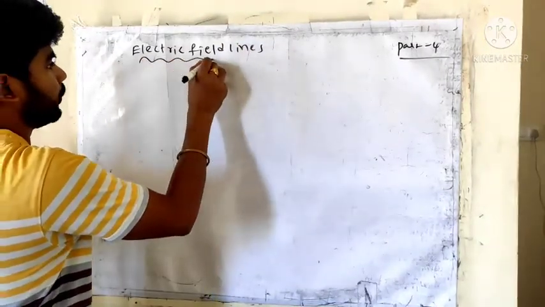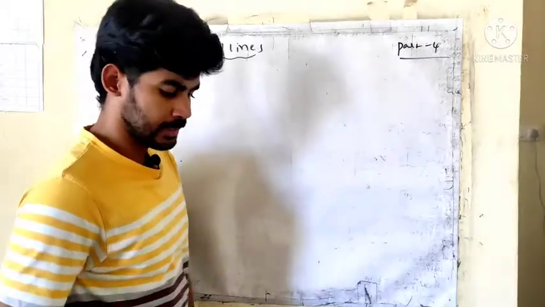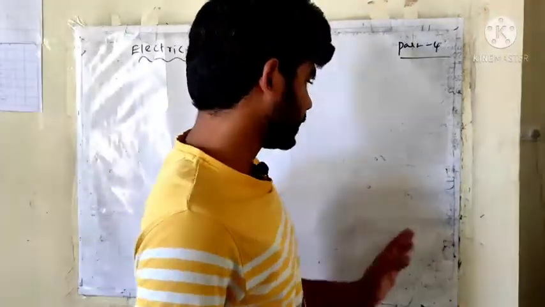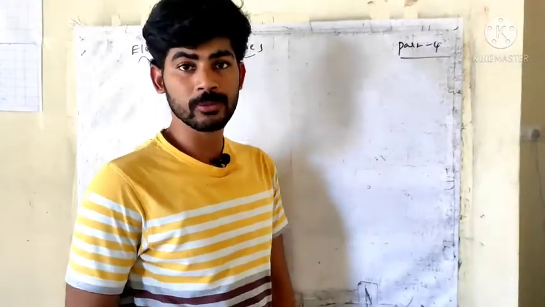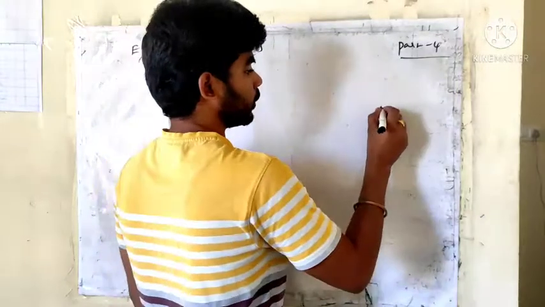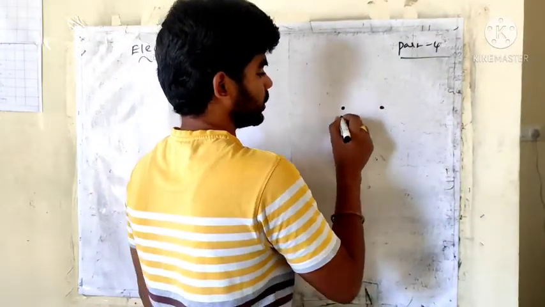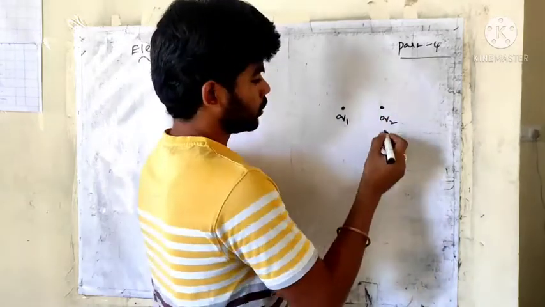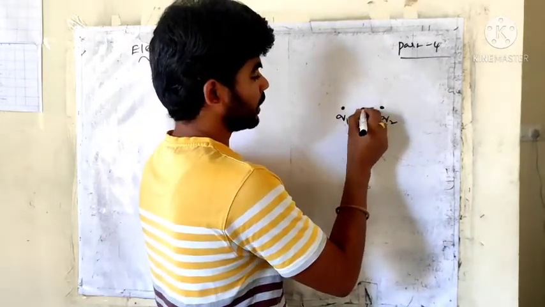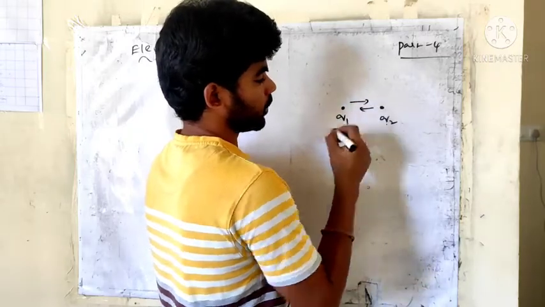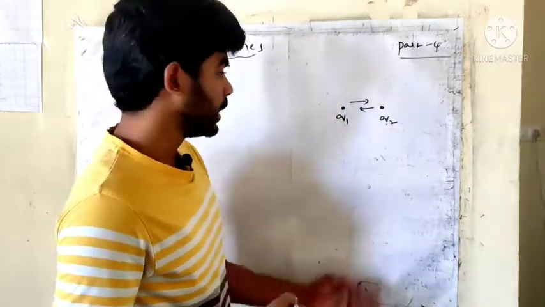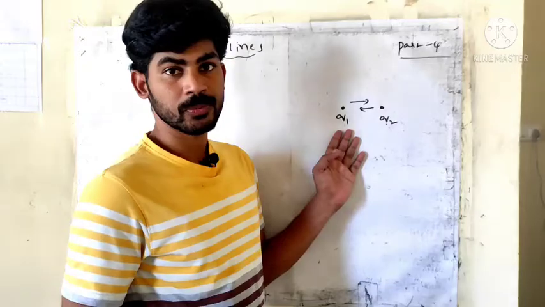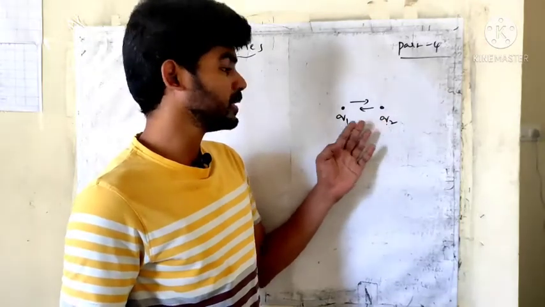So electric field lines. In the case of Coulomb's law, and just now the principle of superposition, here is one point charge q1 and here one more point charge q2. When q2 applies force on q1, q1 applies force on q2. Actually we are not applying any force, but force is developing.